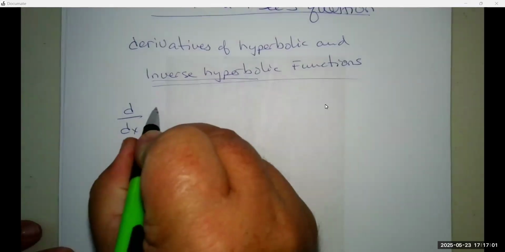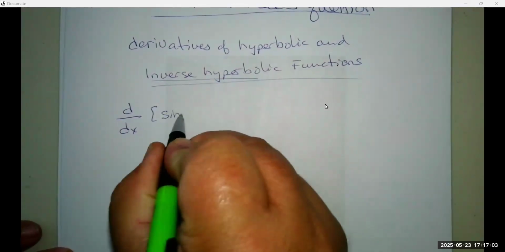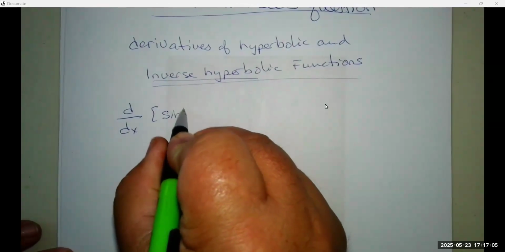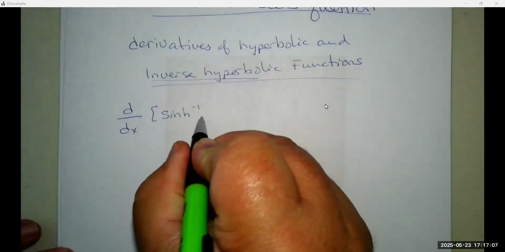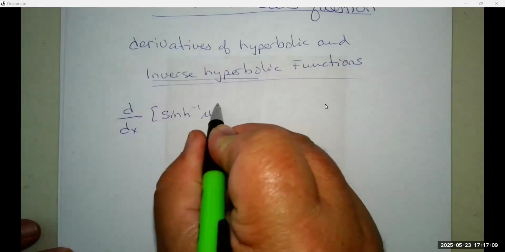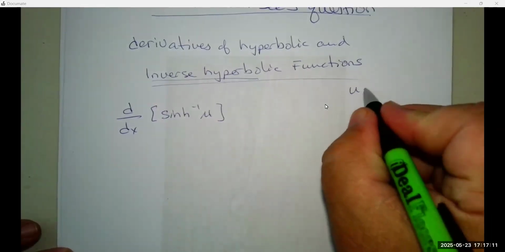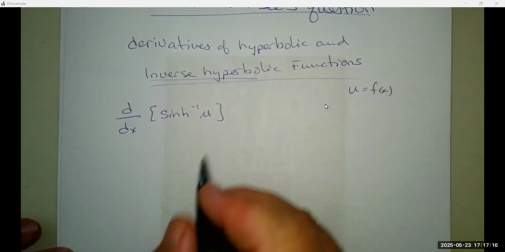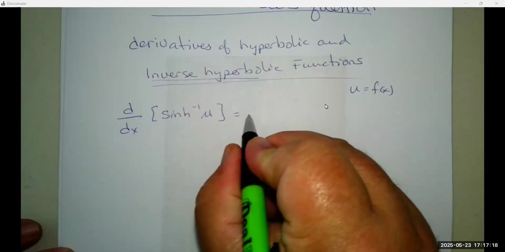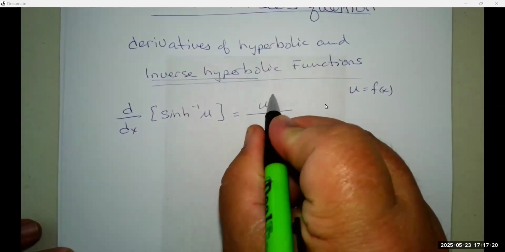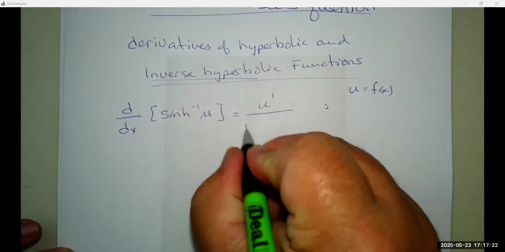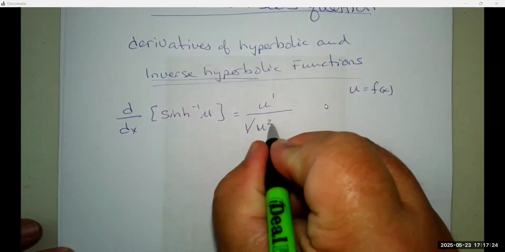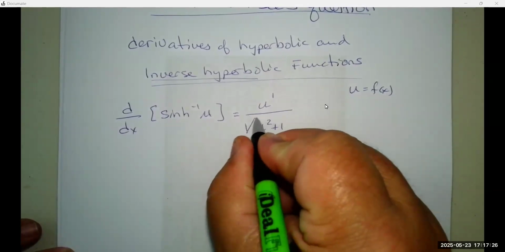So the derivative of the inverse hyperbolic sine of u, where u is a function of x, is the derivative of u over the square root of u squared plus 1.